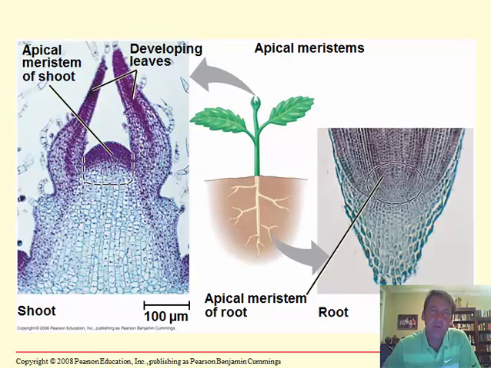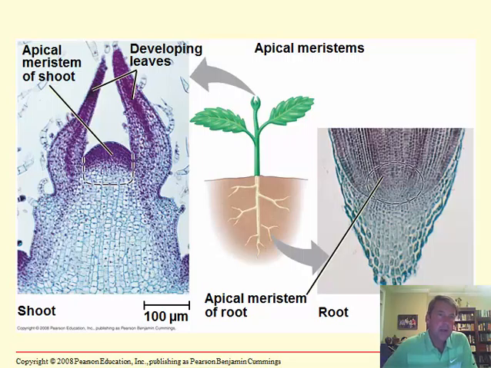So the apical you could think of being like the apex, the tip of the stem and the tip of the root. Right here, mitosis is taking place and new cells are being added to increase the length of the root and stem. Now, there are some plants that also increase in width, but that is not all plants. But all plants increase in length at the stem and root. So that's a characteristic of all plants.